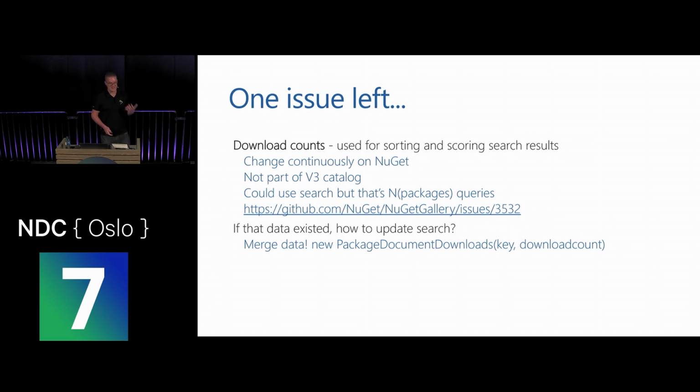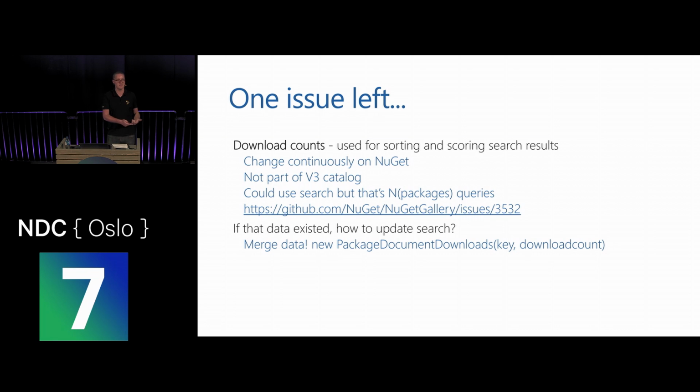So if that ever comes to fruition and appears on the internet, how would we update our search index with all those download counts? Well, ideally, in our world, that download count data is simply a hash of package ID, package version, and the download count. And what we can do on Azure Search is do a package downloads documents merge.